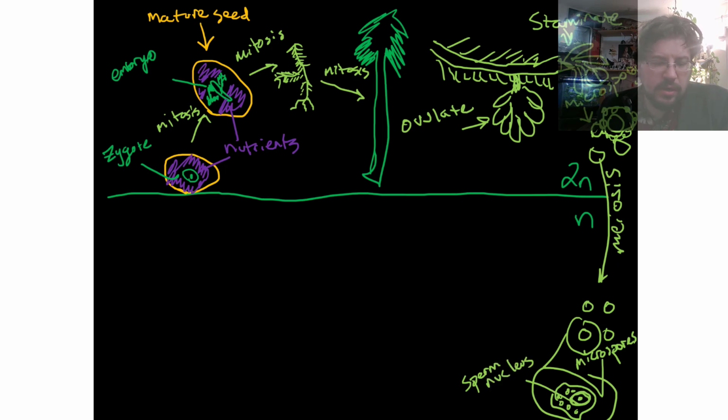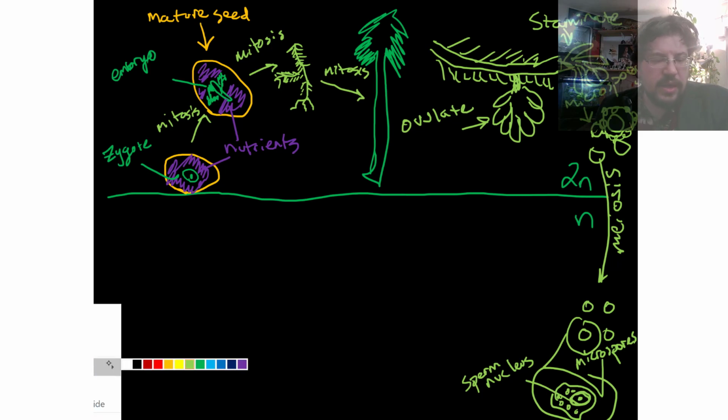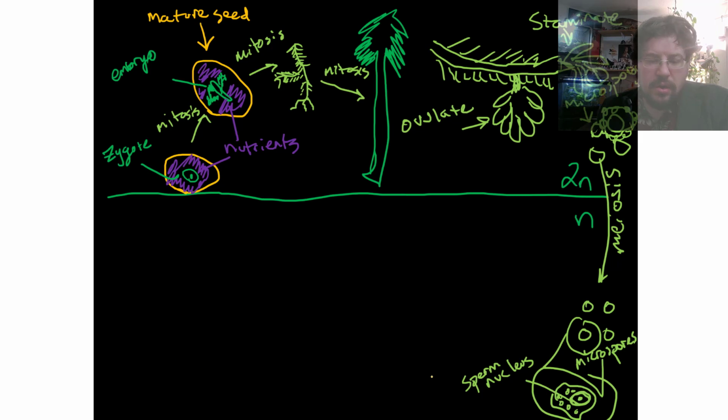And of course, let's play with colors here. Alright, so this is our microspore. So that's our spore wall, which will become the pollen wall.